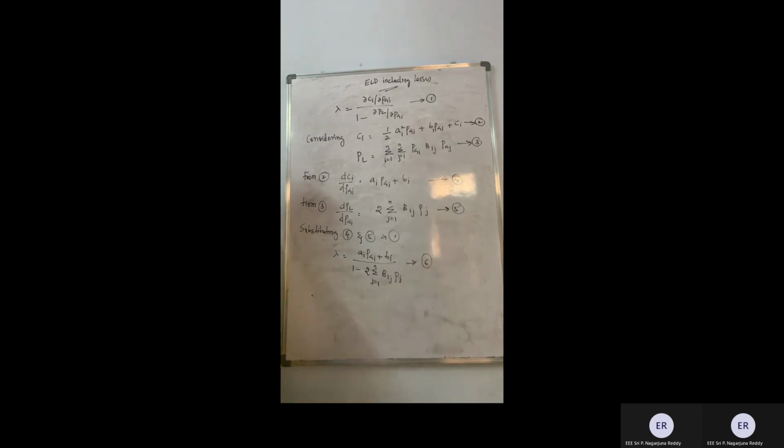This is equation number 6, where j varies from 1 to n.